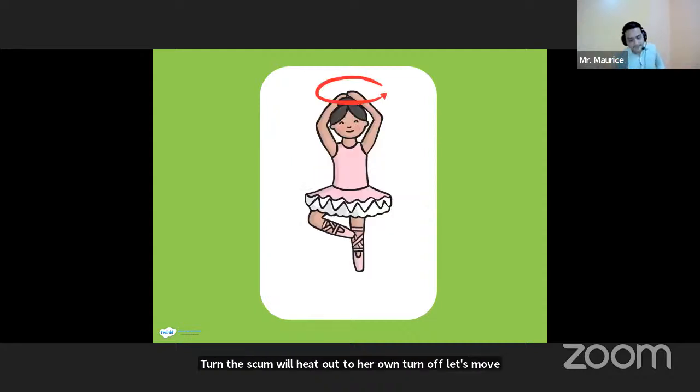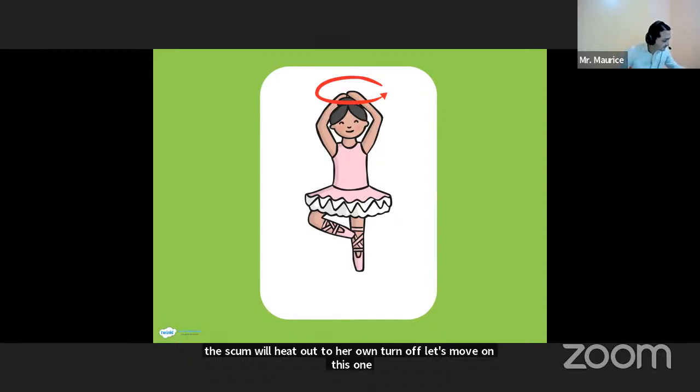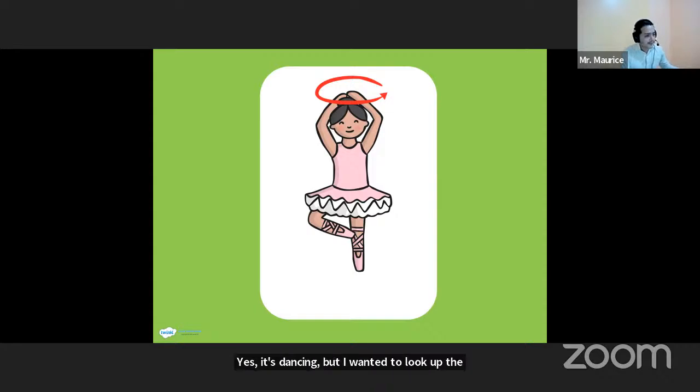This one. Dancing. Yes, it's dancing, but I want you to look up at the arrow. Observe la flecha que está ahí arriba. Está dando una indicación. So how do you say? Ella está dando vueltas, o está girando. Turn.